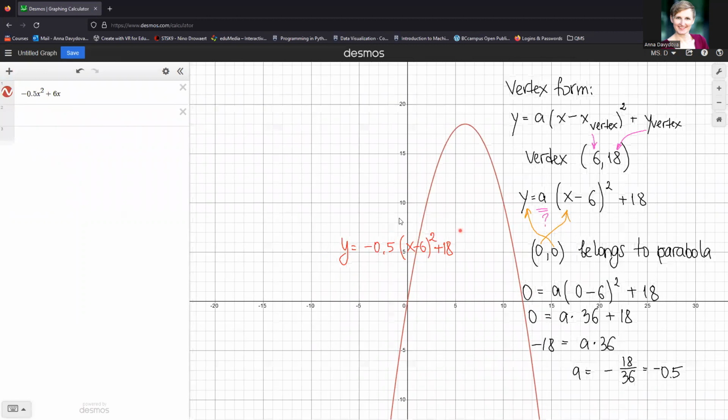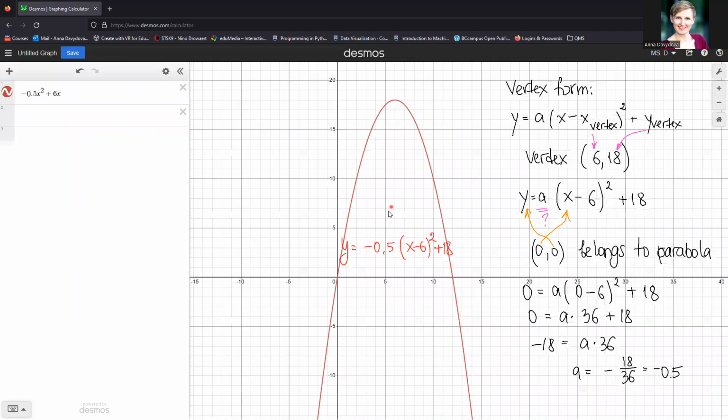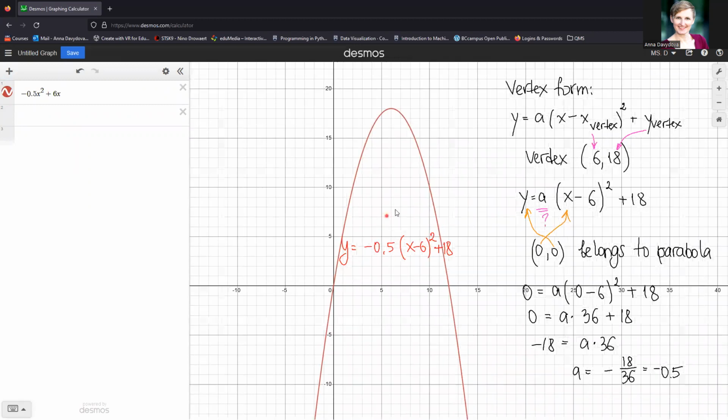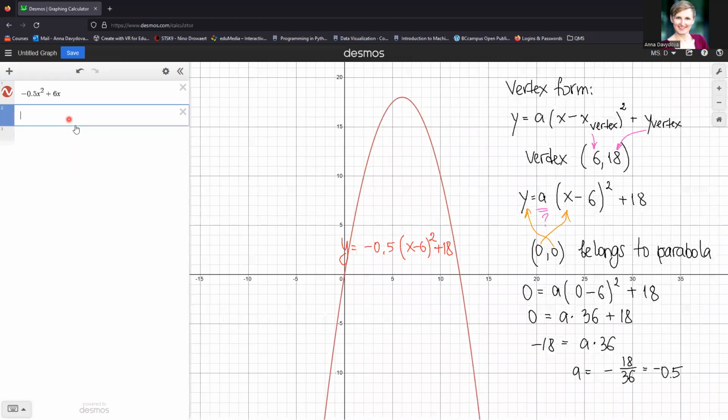Something moved here. I'm not sure how it was. Let's say so. So y equals negative 0.5 (x minus 6) squared plus 18. As we see, the blue graph fully covers the red graph.